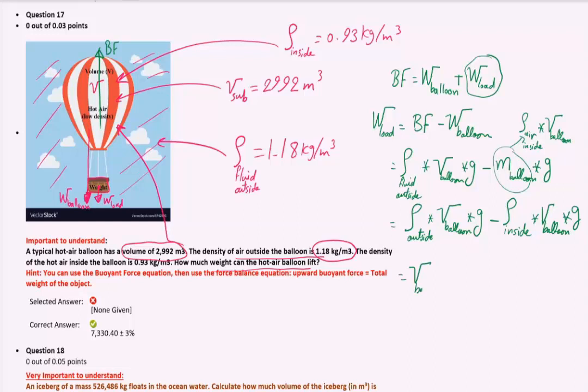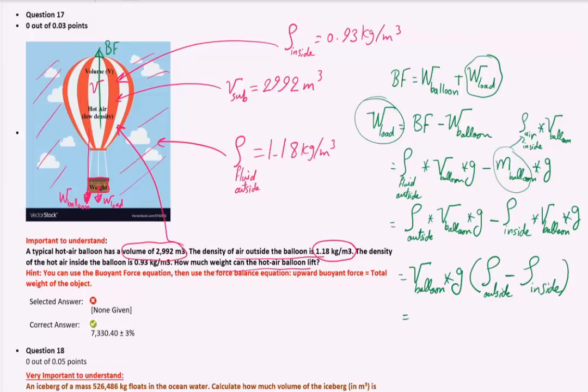So V of the balloon times G times rho outside air minus rho inside air. Of course, you can calculate it from the beginning with numbers, but I want to reach an equation. Then we can substitute in this equation. So all of this will give you the weight of the load.